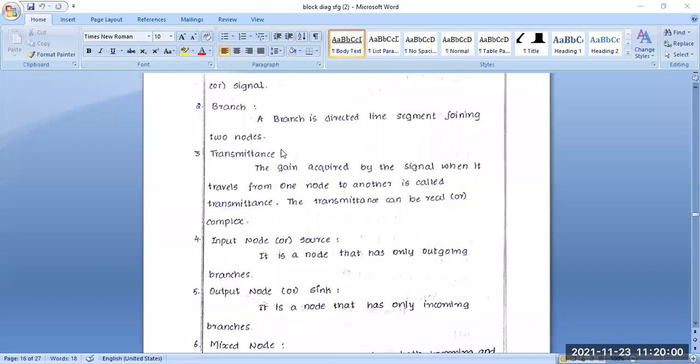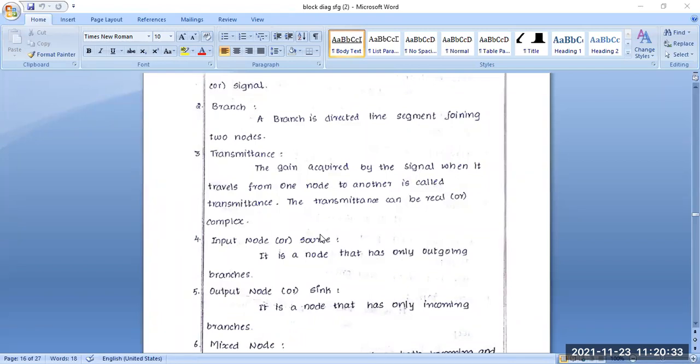When a system is given, it has different types of nodes, and when the signal travels from one node to another node, this gain is called the transmittance. We have to accommodate it in the real axis or complex axis.